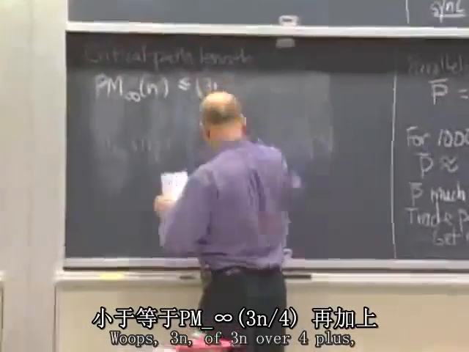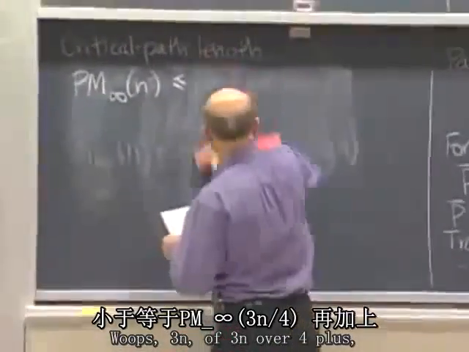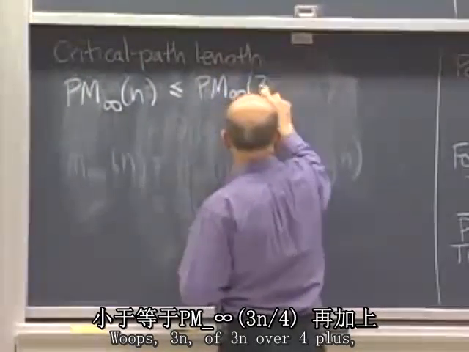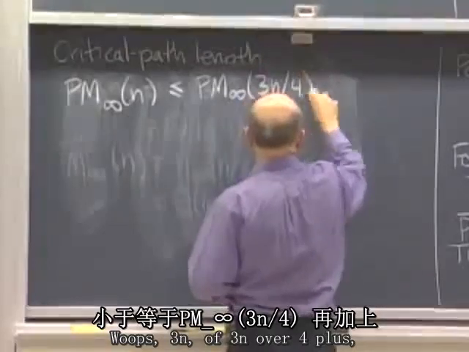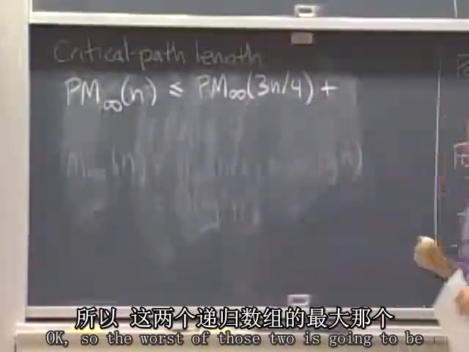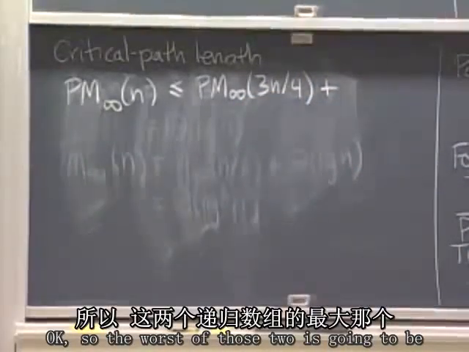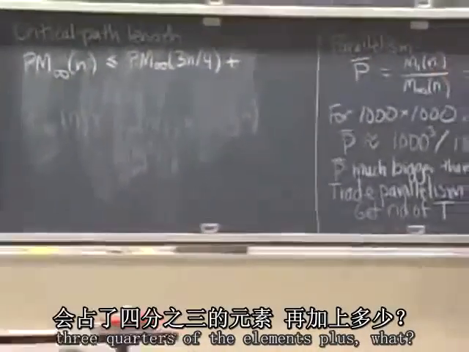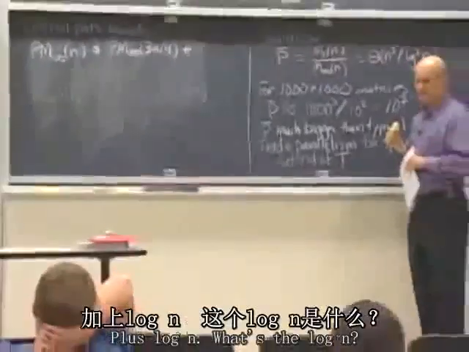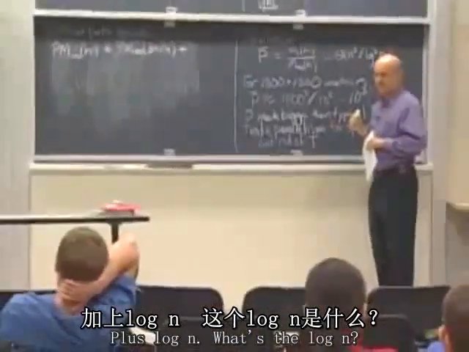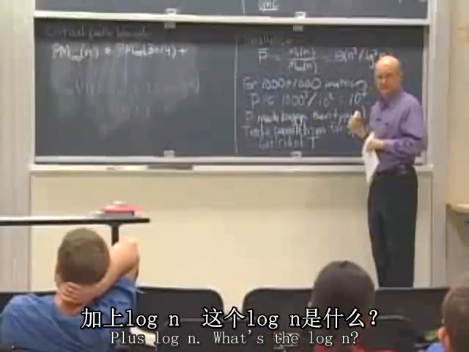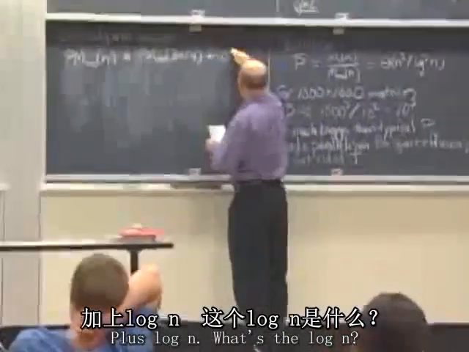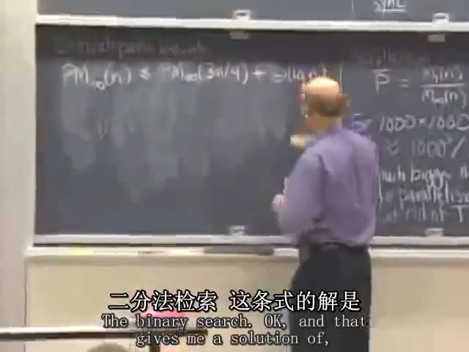So of 3n over 4 plus, okay, the worst of those two is going to be 3/4 of the elements, plus what? Plus log n. What's the log n? The binary search.